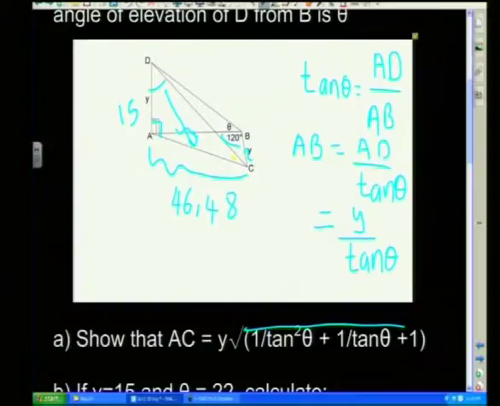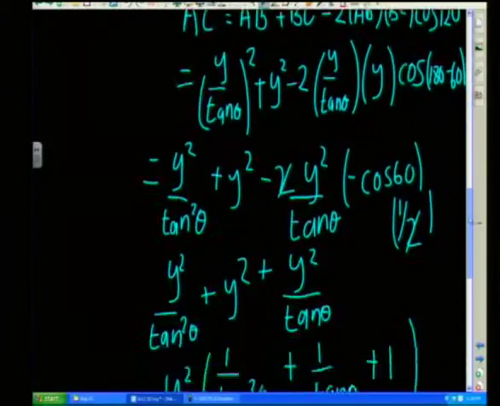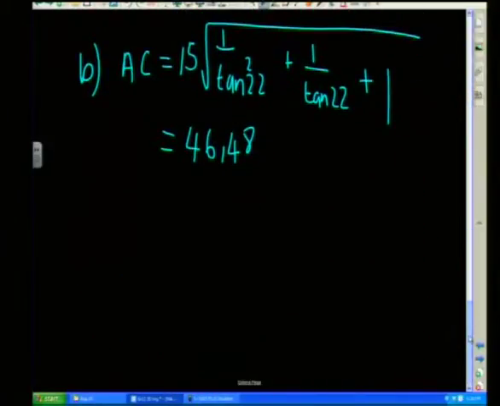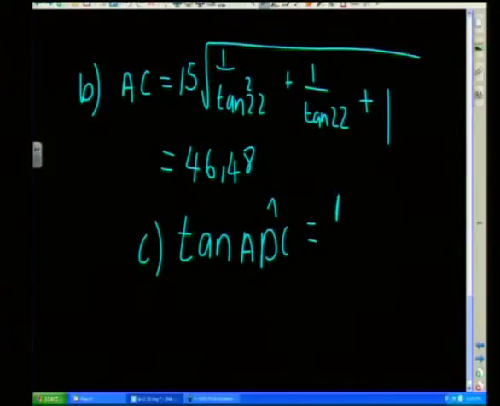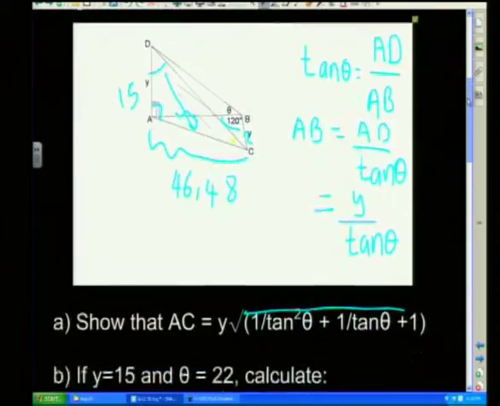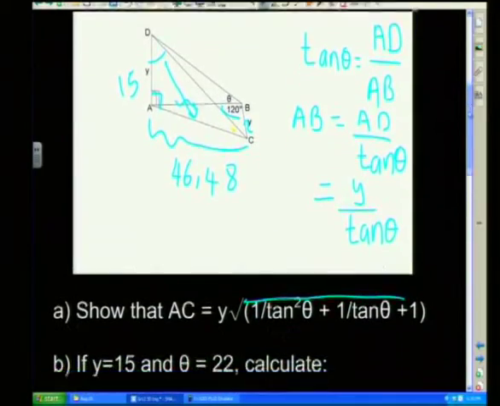It's a 90-degree triangle, so I can say tan of the angle I want, so this is now part C, tan of angle ADC is equal to the opposite, which was AC, over the adjacent side, which was AD, which was 15.